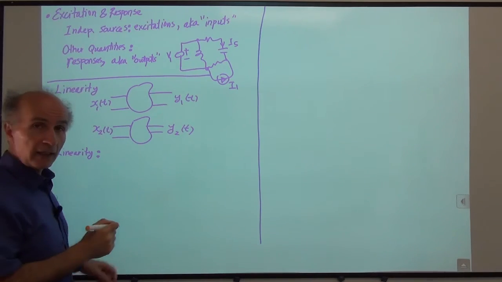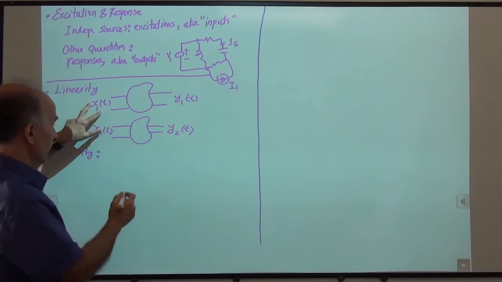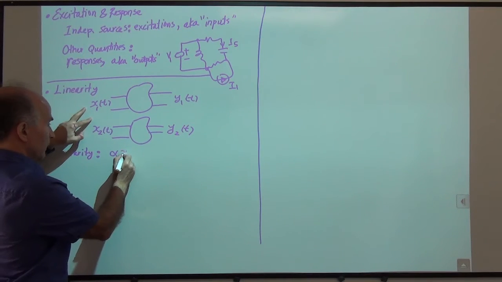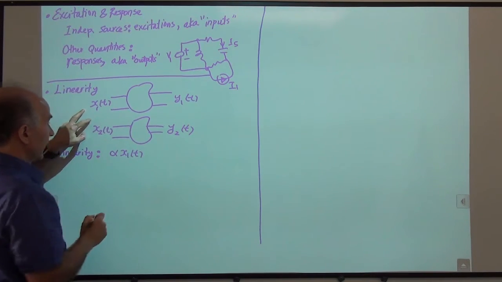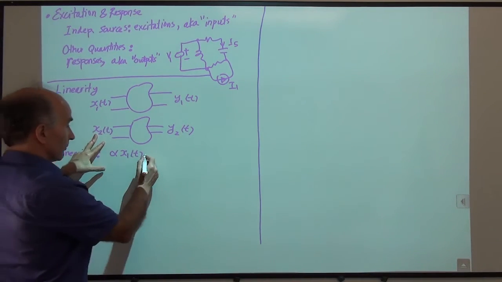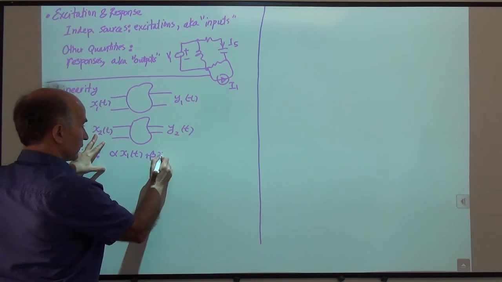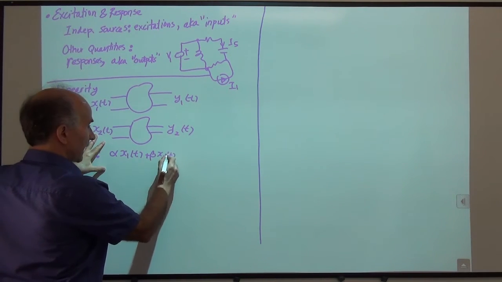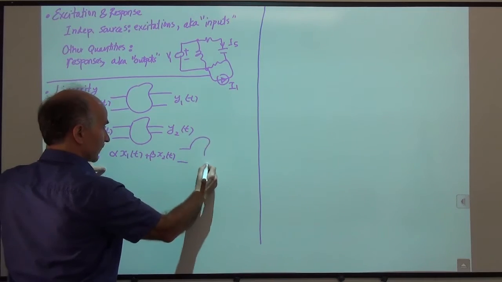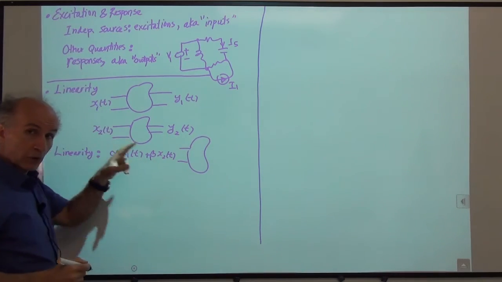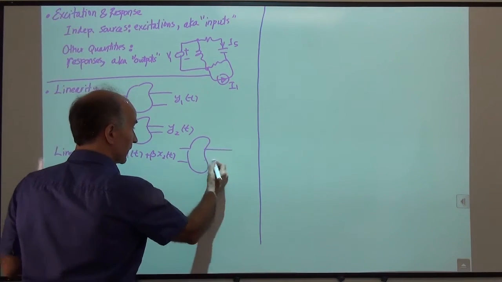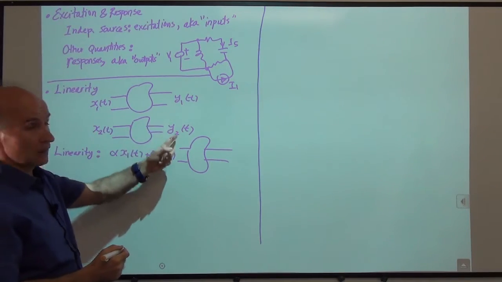If I take any multiple of x1, so call it alpha x1 of t, and any multiple of x2, so plus beta x2 of t, and I give this to the same system, what I should see at the output is the same linear combination of these two.